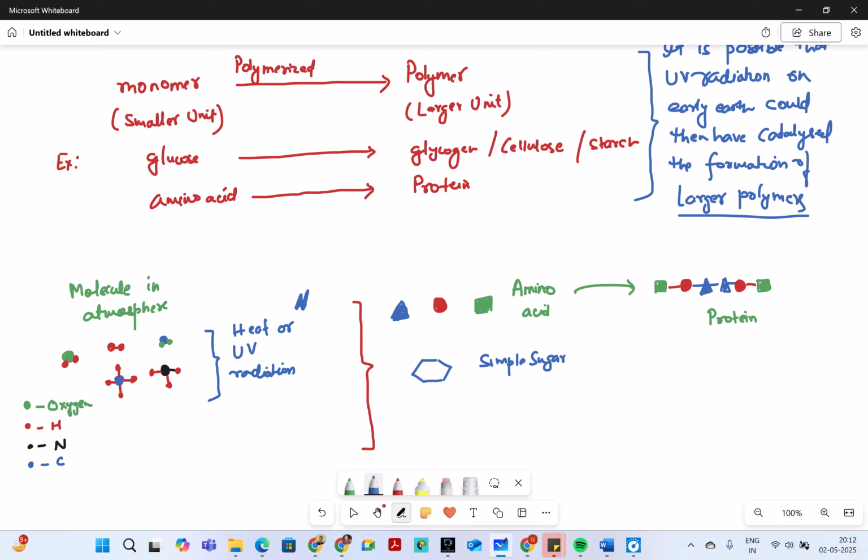And simple sugar can polymerize to make a complex sugar, right? Like this. This is carbohydrate.